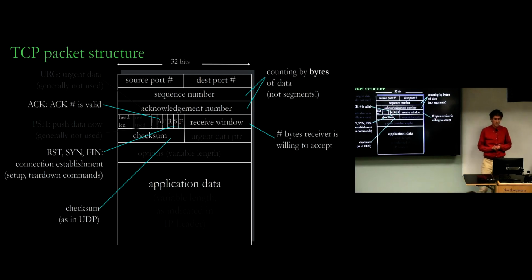Okay, that's used for flow control, which we'll see later. There's also a section here that's variable length. There are other options you can communicate about the TCP connection, which are more advanced and less fundamental, which we're not really going to talk about. But this part of the header is always there.